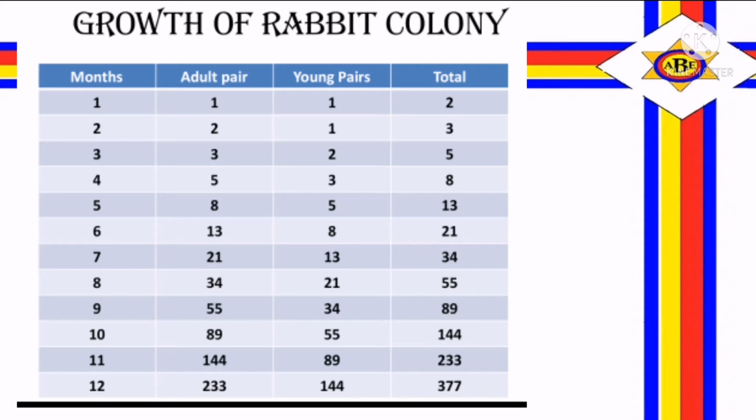So we add it, then we have 3. For the third month, we have 3 adult pairs and 2 young pairs of rabbits. So the total is 5. For the fourth month, we have 5 adult pairs and 3 young pairs of rabbits. So we got the total of 8.